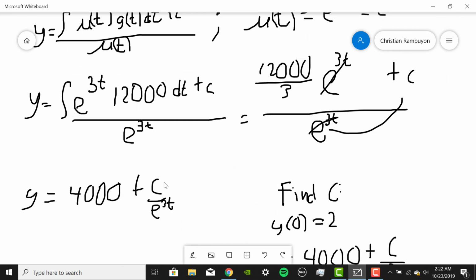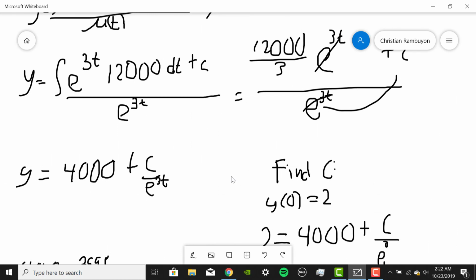Now, how do we find the value for c? We find the value for c by applying the initial conditions. y of t is equal to 2 where t is equal to 0.